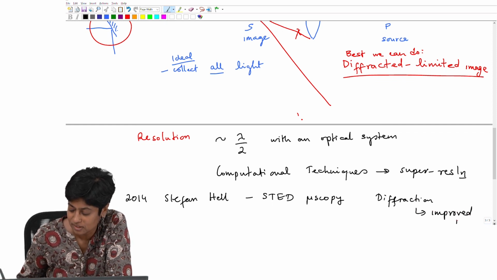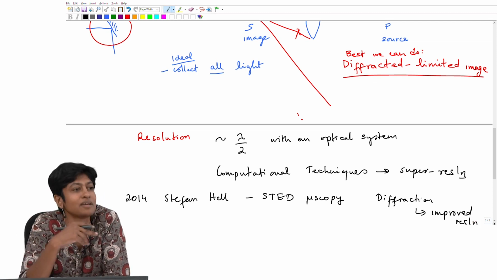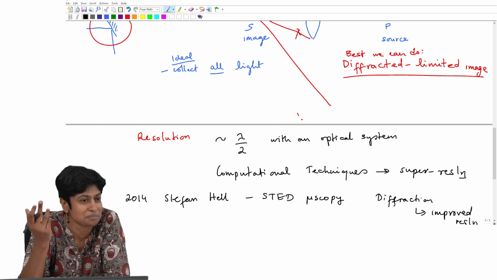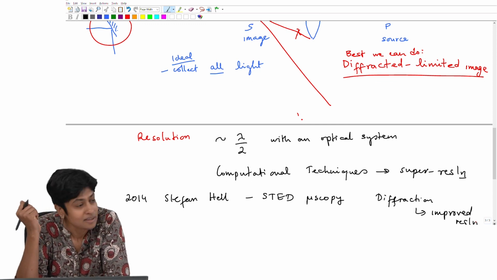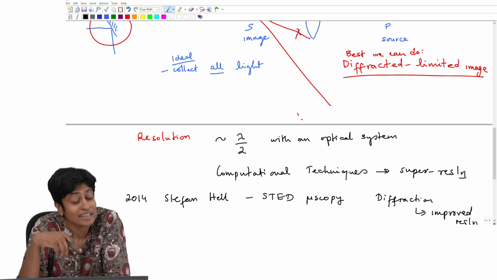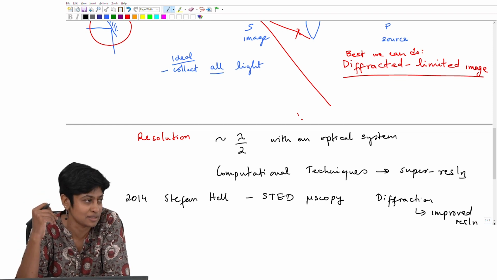It's a very clever, and once the technique is explained, a very simple technique, and you think, well, anyone could have thought of this, but of course Stefan Hell did. So maybe if we have time later on in this course, we'll look at this technique in some detail, but in this case diffraction is actually used to develop some element that could be used to improve resolution.